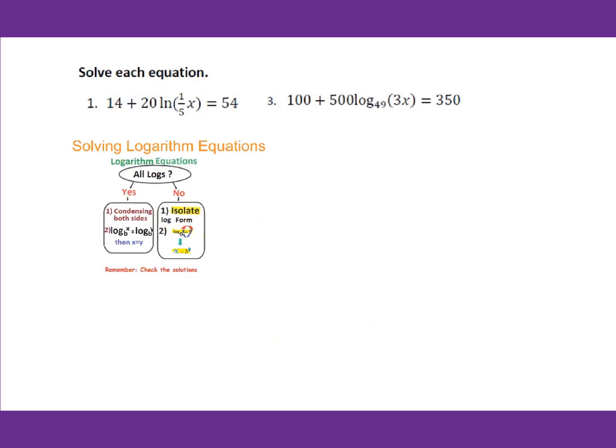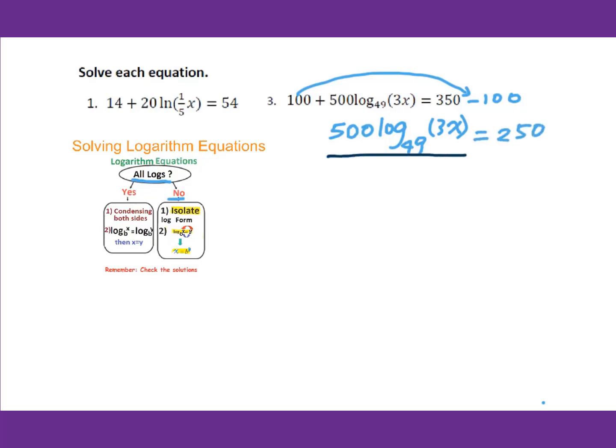Now let's go to number 3. Still you need to check all logs. No. Isolate the log on one side. Therefore, we minus 100 on both sides. We get 500 log base 49 of 3x equals 250. Then you need to divide by 500 on both sides so that we can isolate the log.